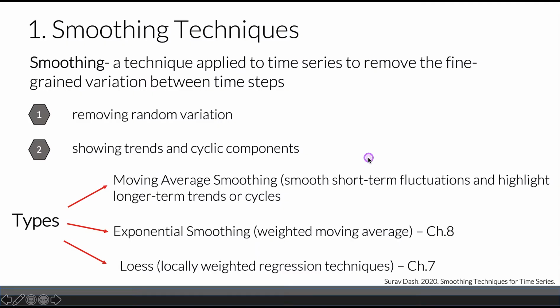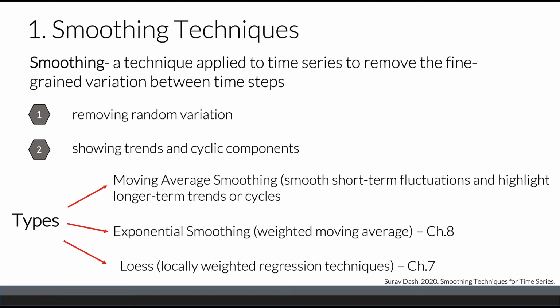All right, so smoothing is a technique applied to time series to remove fine-grained variation between time steps. And we've seen already it can be used to remove some random variation, random noise, and also it's used to show some underlying trends or cyclic components. There are several common types of smoothing technique that can be applied.